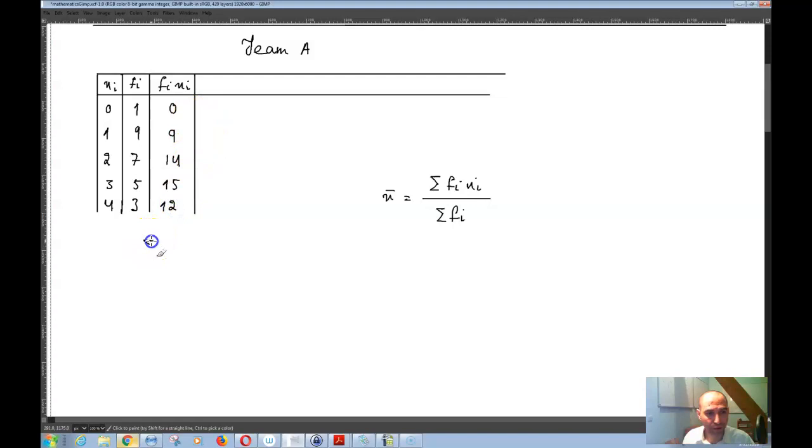And so sigma f_i x_i is equal to 9 plus 14 plus 15 plus 12, which is basically 50. And your sigma f_i is equal to 1, 10, 17, and so on.